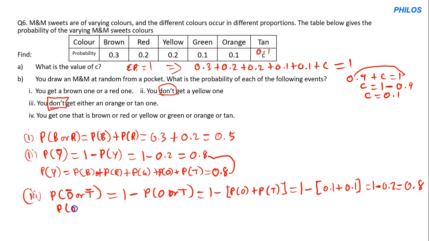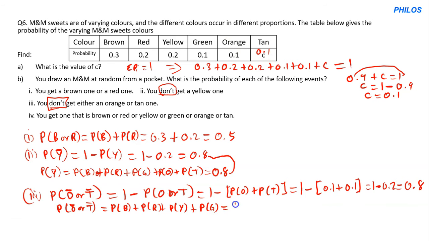the probability of not getting an orange or a tan should be equal to the probability of getting a brown, or means addition, the probability of getting a red or a yellow or a green, but not orange or tan.